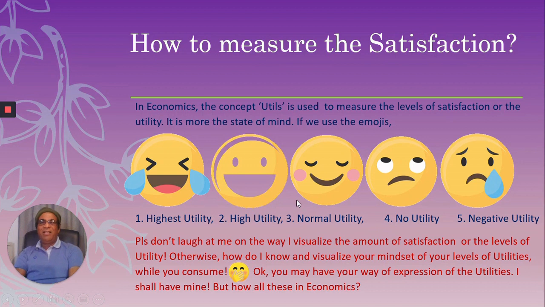I have used emojis. So this is highest utility. Can we express like that? High utility or normal utility, no utility, negative utility. So utils is the measure used to measure the amount of satisfaction we get from every unit of consumption.